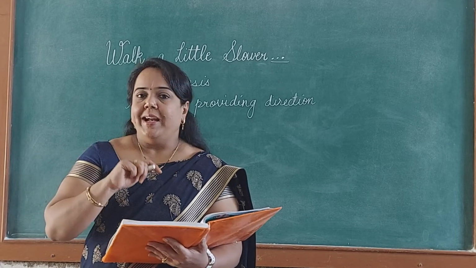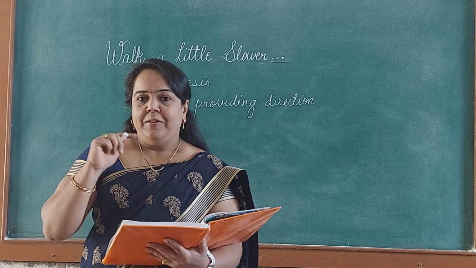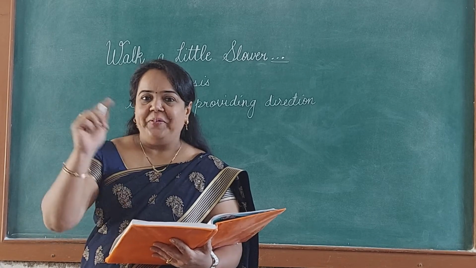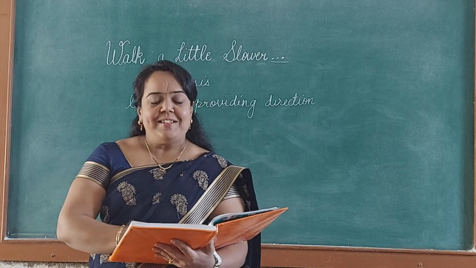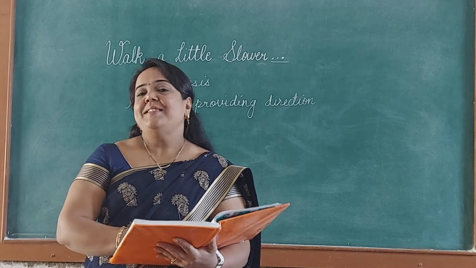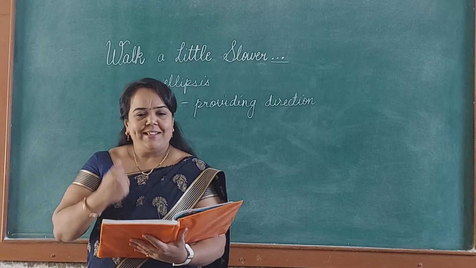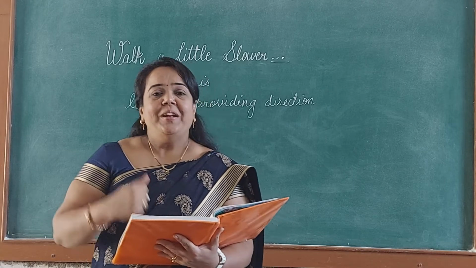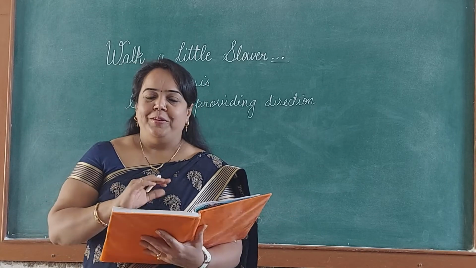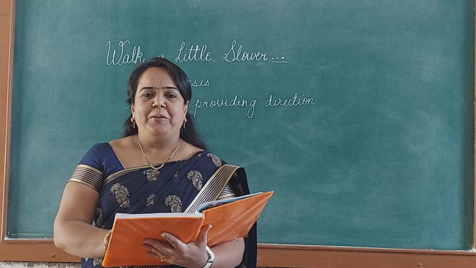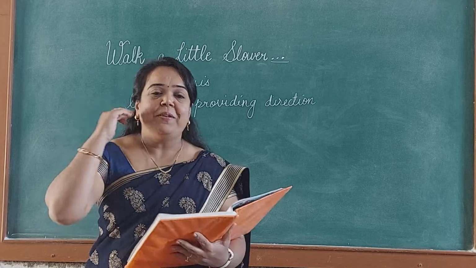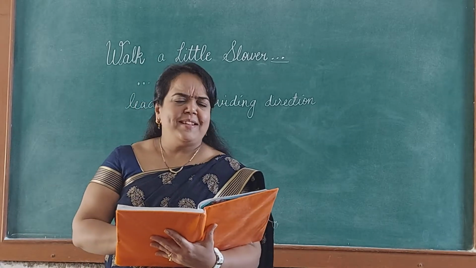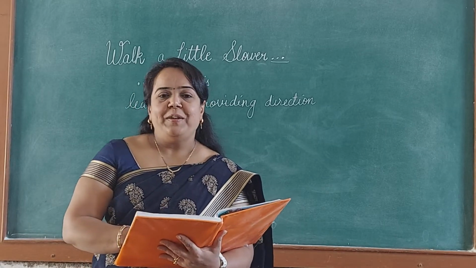So, Daddy, be careful. Remember, I am following you. You are my role model. So, walk a little slower, Daddy, for I must follow you. As a child, I must follow you, and thereby I want you to be a perfect role model, because I want to imitate you. I want to imbibe your views, thoughts, ideas in my life.